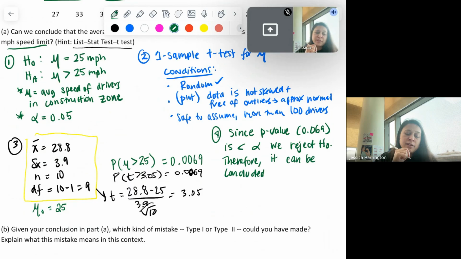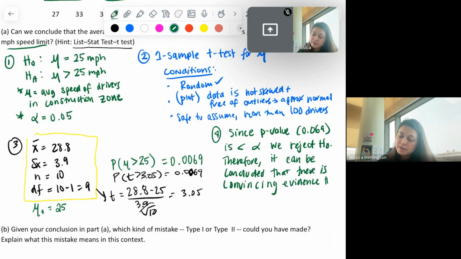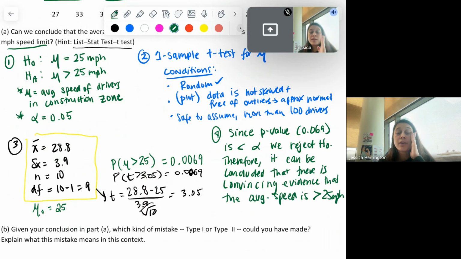Something I might see, that there is convincing evidence that the average speed or mean speed, right, is greater than 25 miles per hour. Okay, so because our p-value was less than alpha, we are rejecting the null hypothesis.